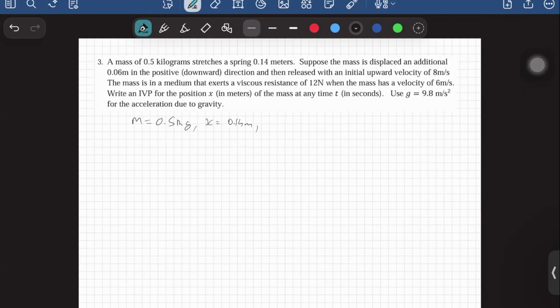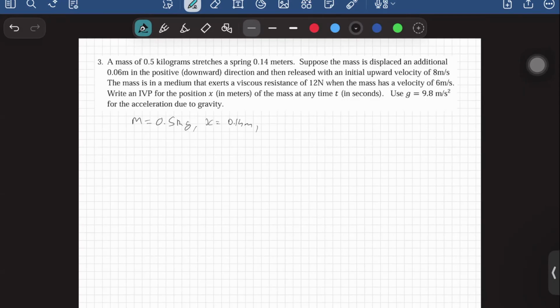The mass is in a medium that exerts a viscous resistance of 12 newtons when the mass has a velocity of 6 meters per second. So we basically have to write an initial value problem for the position x in meters at any time, using the acceleration due to gravity.